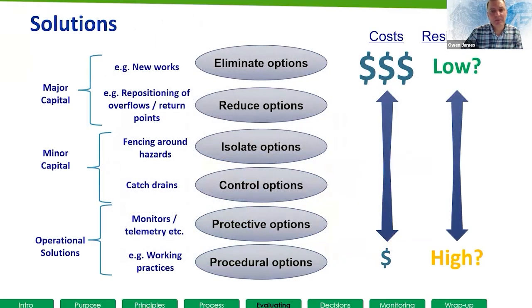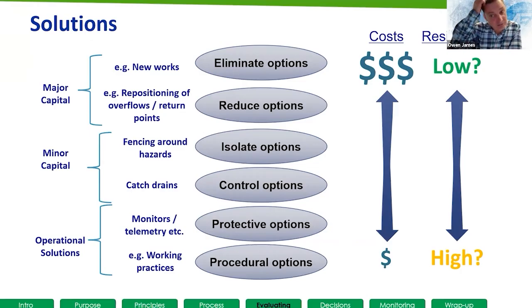So another way of thinking about different types of solutions, when we think about the array of different options, I find this helps me to think about alternatives. So there are always alternative approaches to dealing with risks. There are those big engineering works that are often good at mitigating or even eliminating risks.